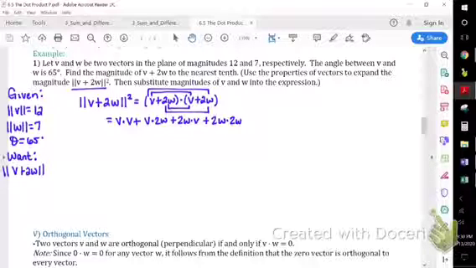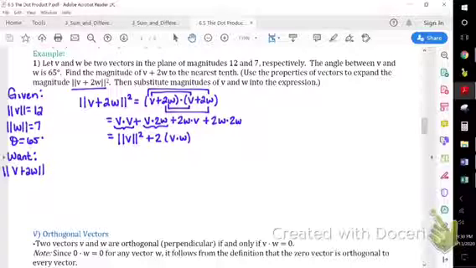Alright. So v dot v gives us the magnitude of vector v squared. That's one of the properties above, number 4. Plus, this one I'm going to change the order, so it's going to be 2 times v dot w.